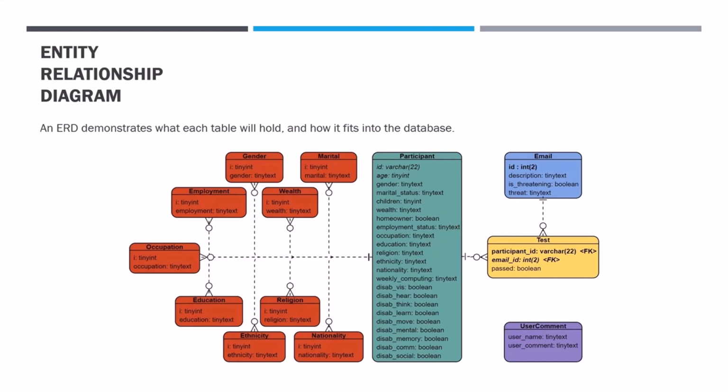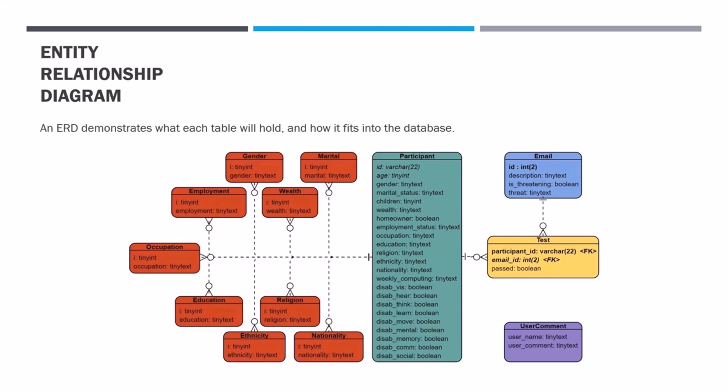To avoid a many-to-many relationship, a weak entity was created called the test table, which for each participant, it stores information on how they tested on each email. It uses a composite key of participant ID and email ID, along with the passed attribute to determine if they passed or failed in determining whether the email should be trusted.